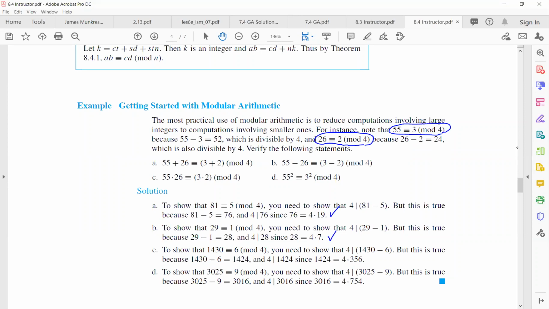Is it congruent to 3 times 2 mod 4? Does 4 divide 1430 minus 6? Of course. And finally, if I raise both sides to the power 2, 3, 4, 5, any positive integer, the difference is going to be divisible by 4.